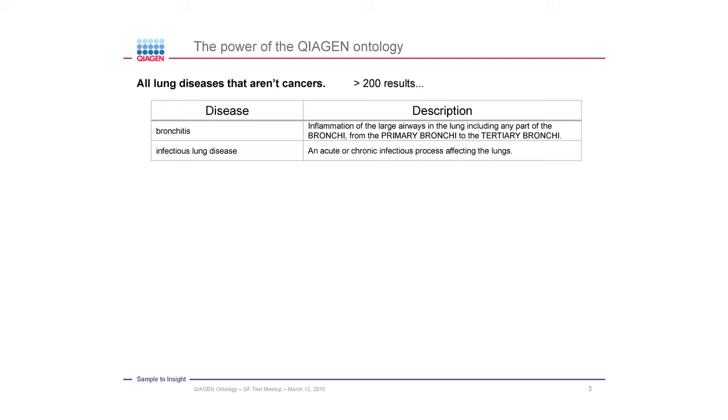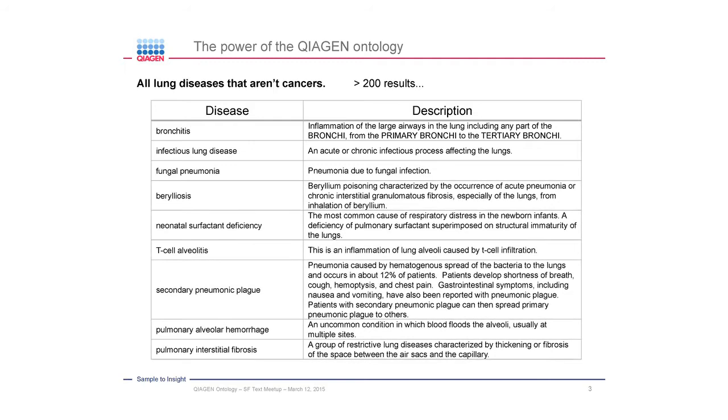We can start with bronchitis, right? We have a definition for each thing that's free text and internal, but I'm showing snippets of those for convenience. So bronchitis would be one. Infectious lung disease is at a different level of specificity, but another concept that we would cover. Somewhere under that, we'd have fungal pneumonia.